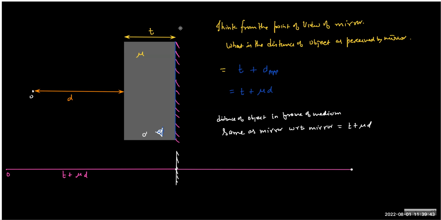Same distance behind. So for the person in the mirror frame, what is the distance between the object and the image?